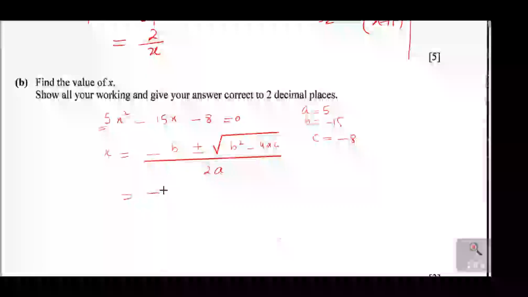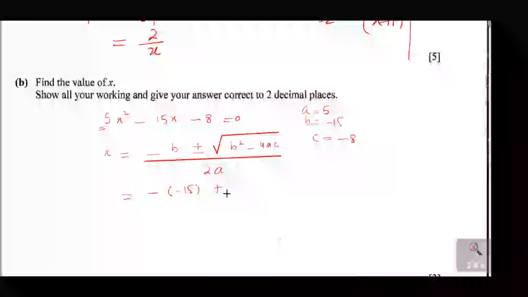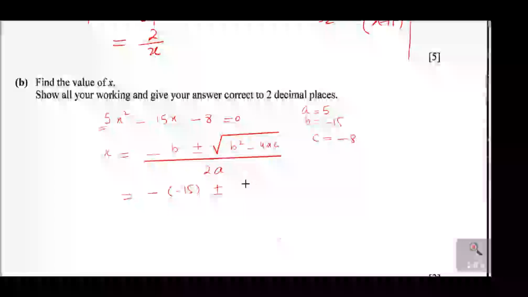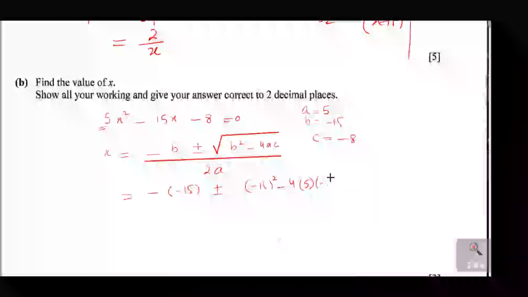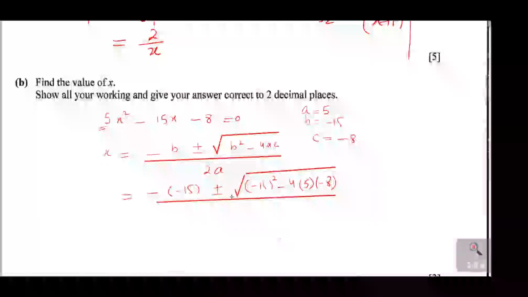Therefore, we can write this as minus of minus 15 plus minus the square root of minus 15 squared minus 4 into a, which is 5, and c is minus 8, over 2 times a, which is 5.